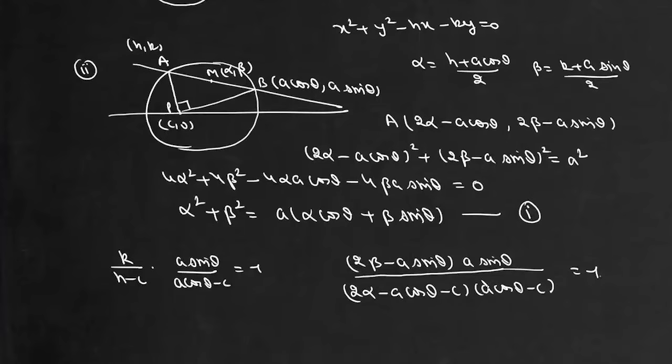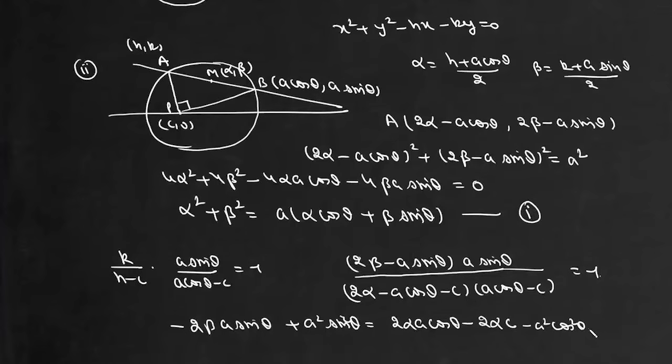Now we simplify this. We'll take this minus sign here, so we'll write minus 2 beta into A sin theta plus A square sin square theta, and here it will be 2 alpha A cos theta minus 2 alpha C minus A square cos square theta plus AC cos theta minus AC cos theta plus c square.